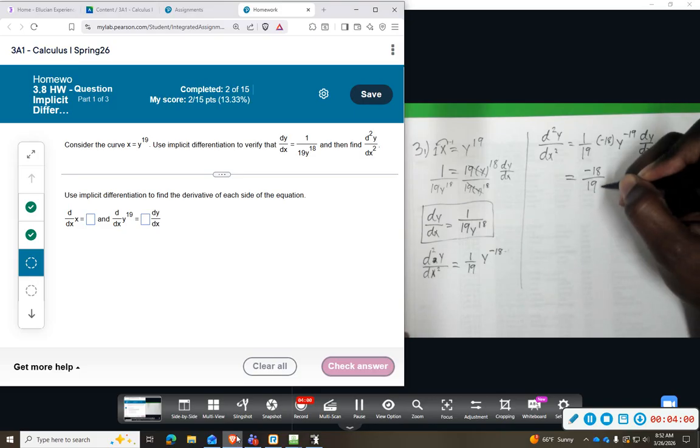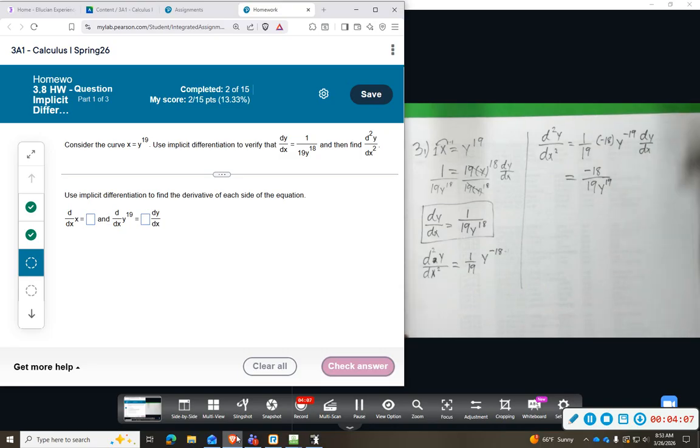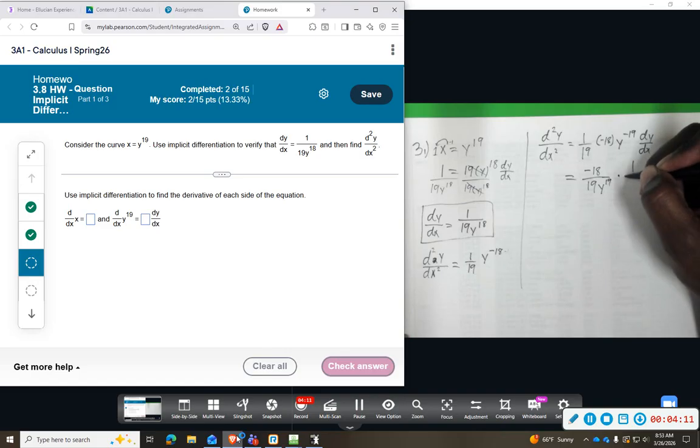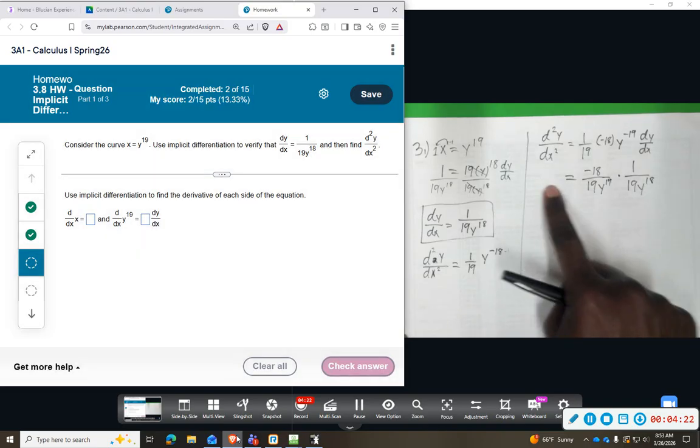Bring this y back down, y to the 19th power. Okay, so this is the first part, times dy/dx. Well, dy/dx is 1 over 19y to the 18th power. So we just multiply straight across.